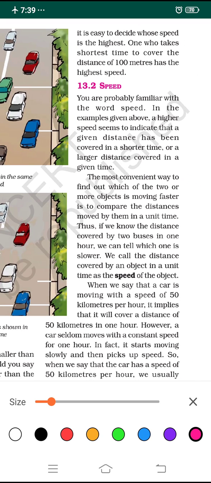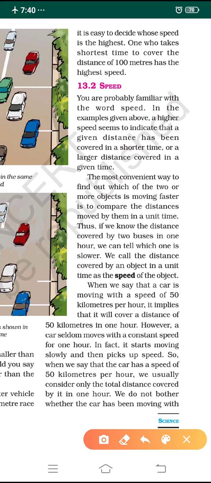All of you remember, this is very important. The distance covered by an object in a unit time is known as the speed of that object, that you must remember.